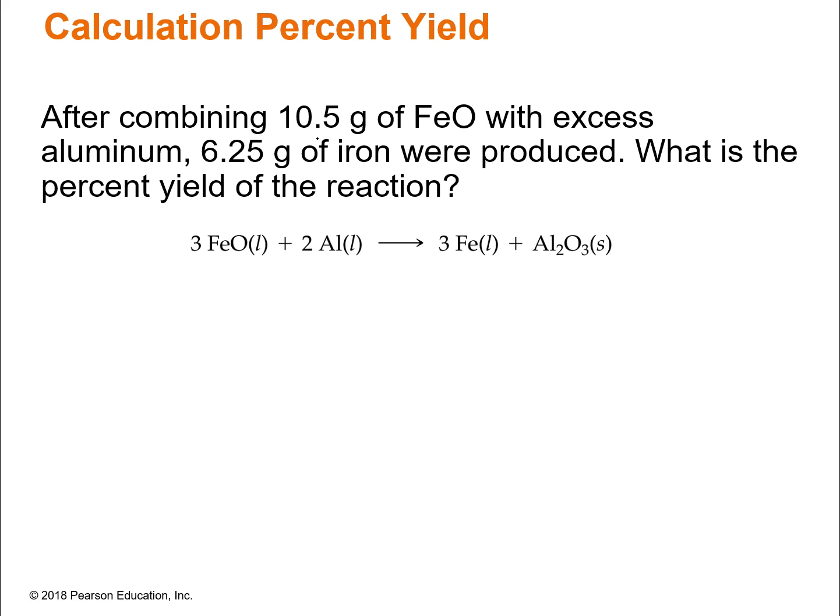The first part of this sentence, 10.5 grams of iron(II) oxide with excess aluminum, that's telling us about the amounts of the reagents that we have. The second part tells us how much iron we made. That's the actual yield.